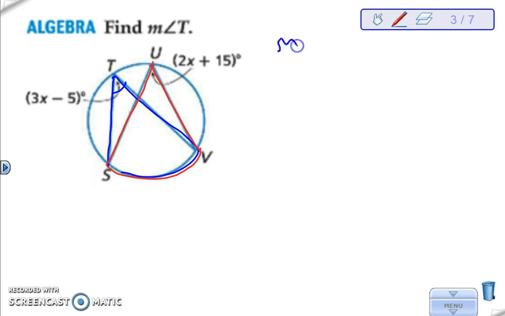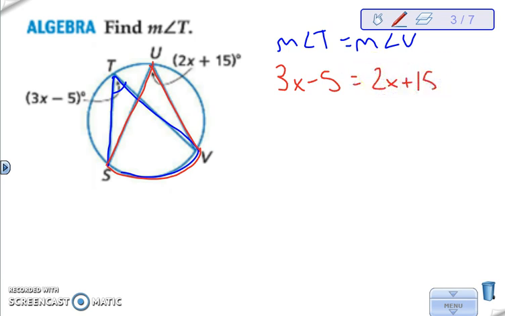So measure of angle T is equal to the measure of angle U. Therefore, 3x minus 5 must equal 2x plus 15. And now we can solve for x.